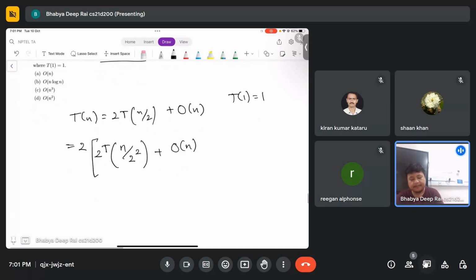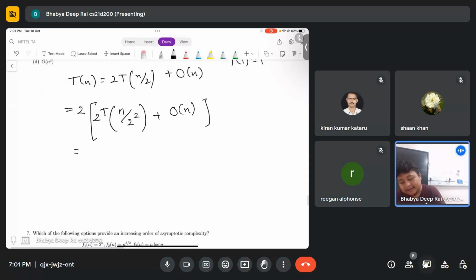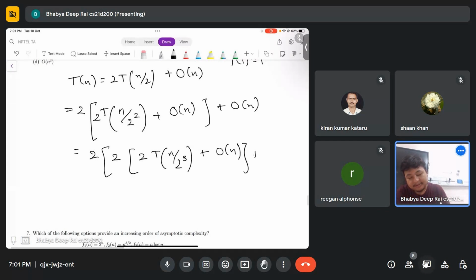And then again this becomes 2 of T of n by 2 cube plus order n, plus order n, plus order n, and so on.